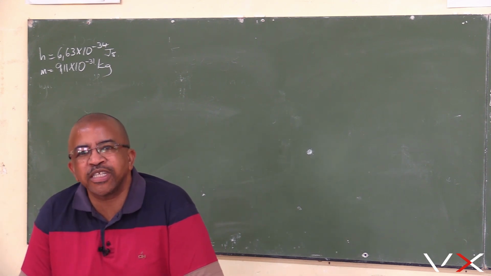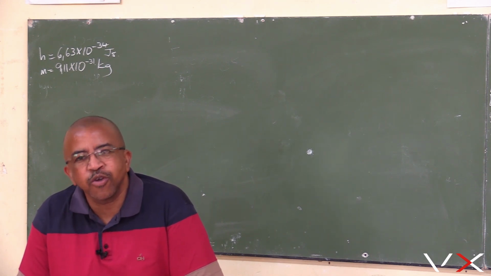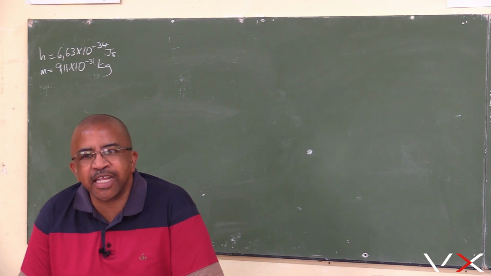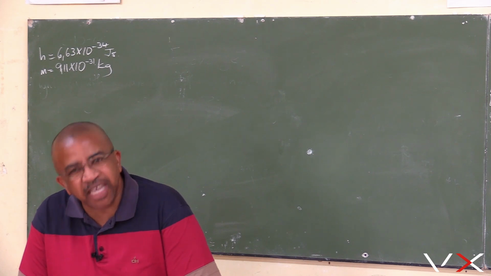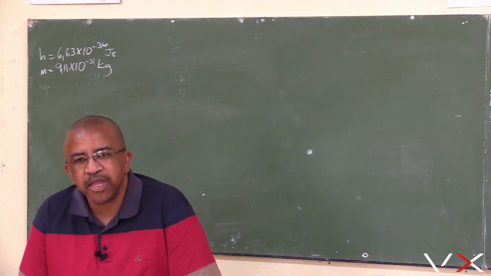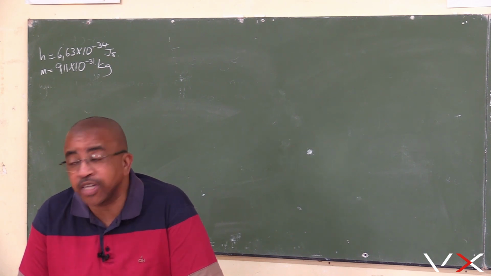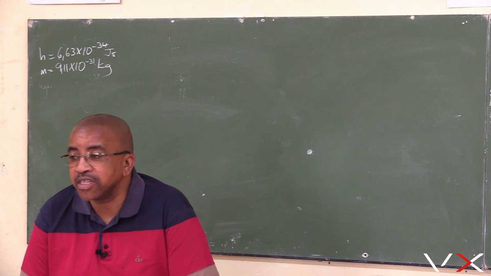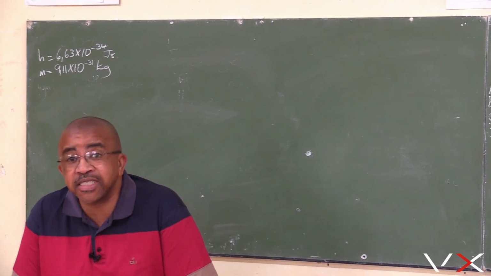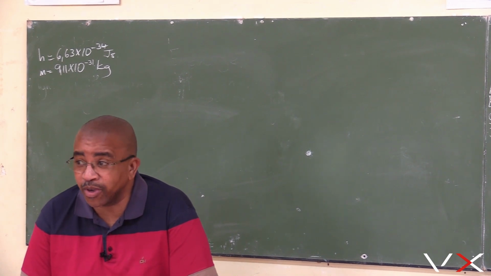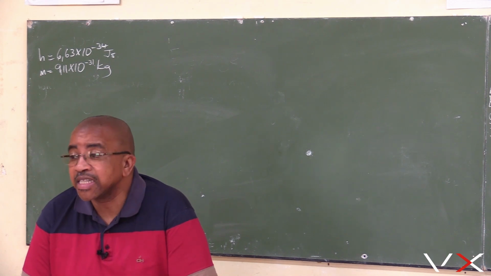The energy of photon is still the same, and the kinetic energy of photoelectrons will still be the same. Ngoba i-energy of photon affects the kinetic energy of photoelectrons only on one condition: if the energy of photon is greater than the work function. If the energy of photon is greater than the work function, once the energy of photon is increased, this increases the kinetic energy.